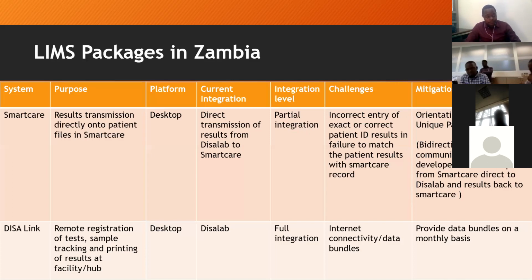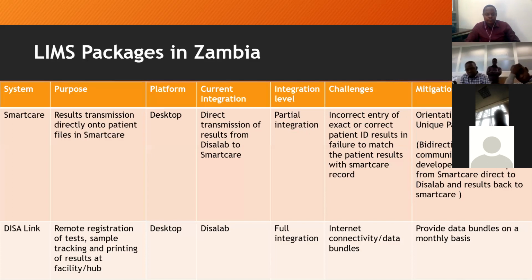However, this is mitigated by training of staff on unique patient ID entry, as well as bi-directional communication, which is being developed to allow Smart Care to talk directly to DISA, as well as DISA exchange of information between DISA and Smart Care without interference.